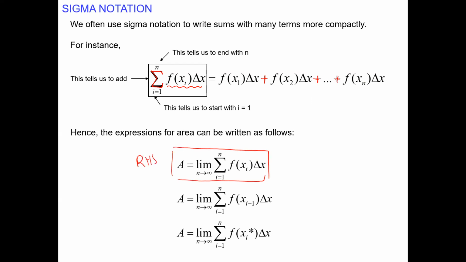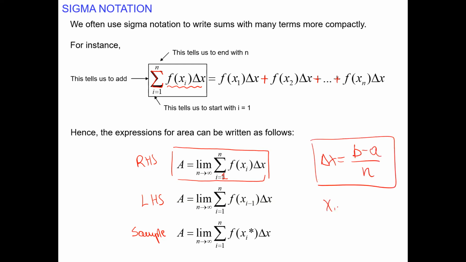This represents the right-hand side because we're starting from 1. For i minus 1, we're starting from 0, that is the left-hand side, and this one is just the sample points, and it could be any point, we don't know. But we will focus on the right-hand side, since we know that delta x can be computed this way, an important formula, and x sub i is a plus i times delta x.